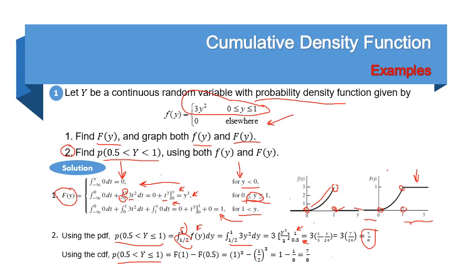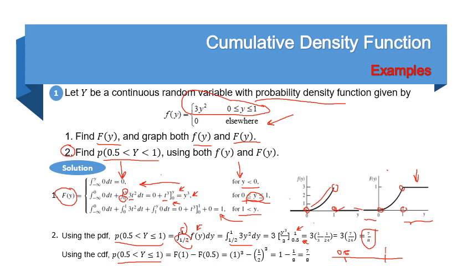So if you imagine this is the point half, which is 0.5, and up to 1, we need the probability from 0.5 up to 1.